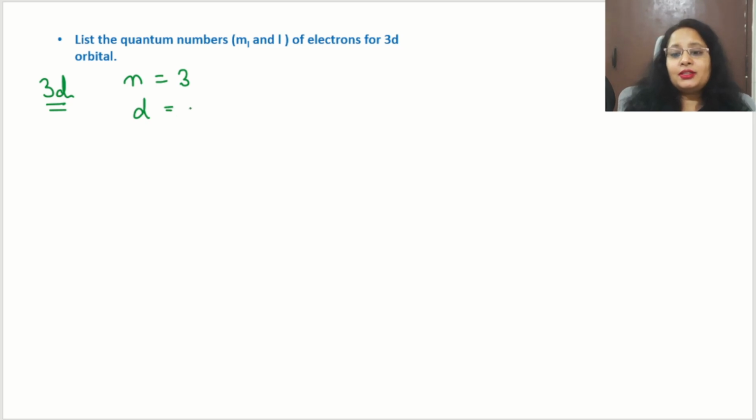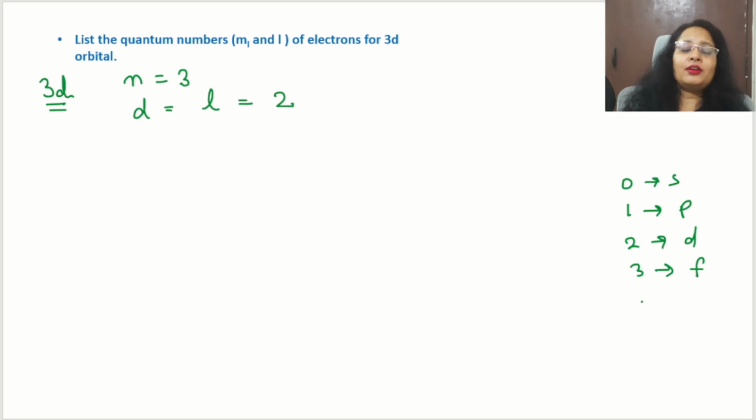For d, l should be 2. As we did already, for 0 it is s, for 1 it is p, for 2 it is d, and for 3 it is f, and so on. So if d is given, it means the value of l is 2.